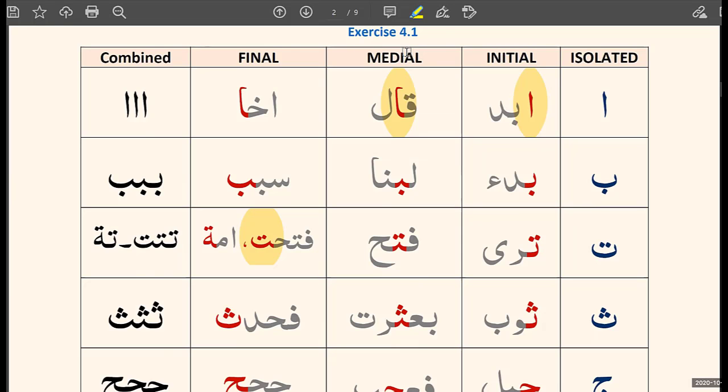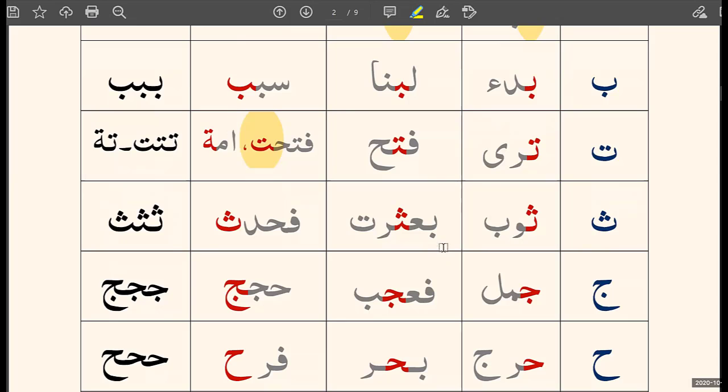Okay. Another person. Assalamu alaikum. Sophia, can I read? Yes, please. Now, sister, please read the first column and the fourth line, from right.